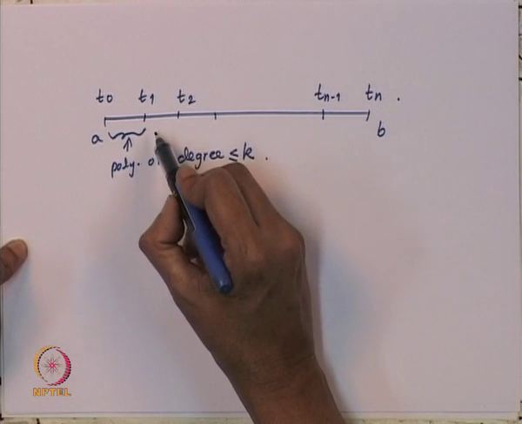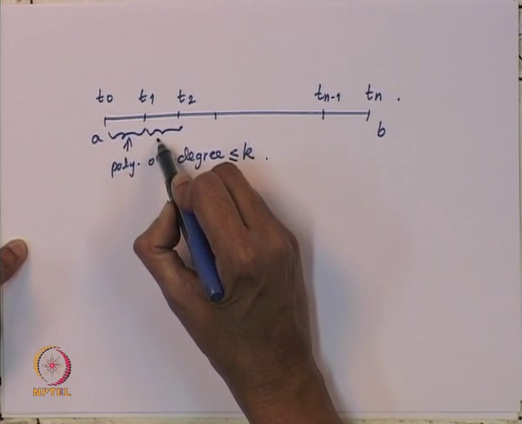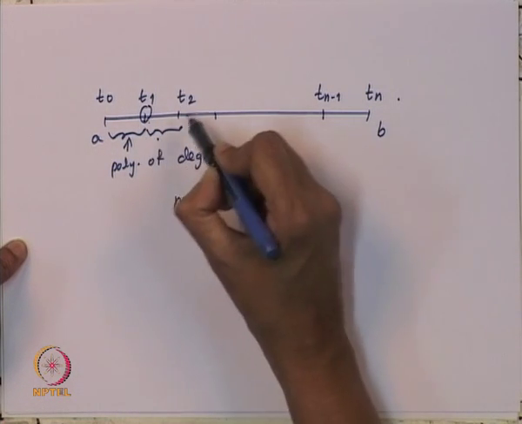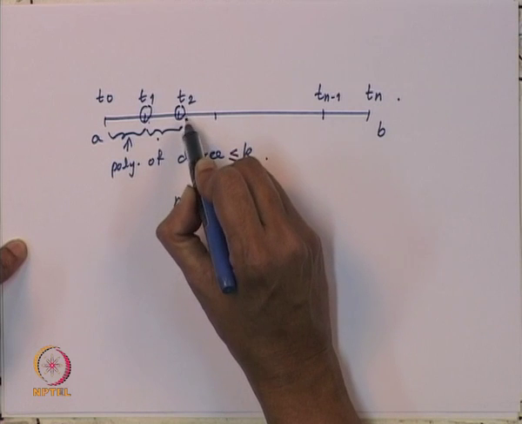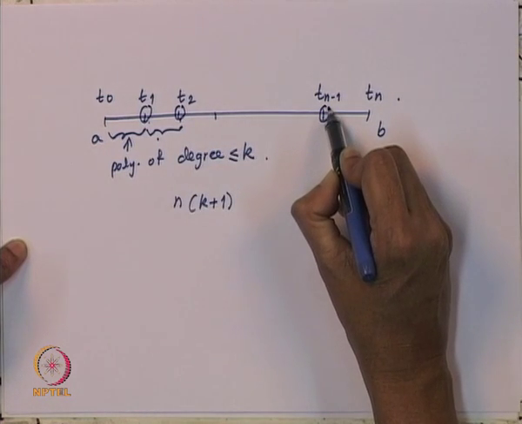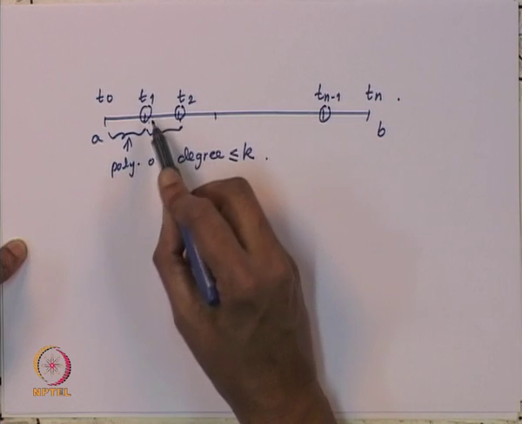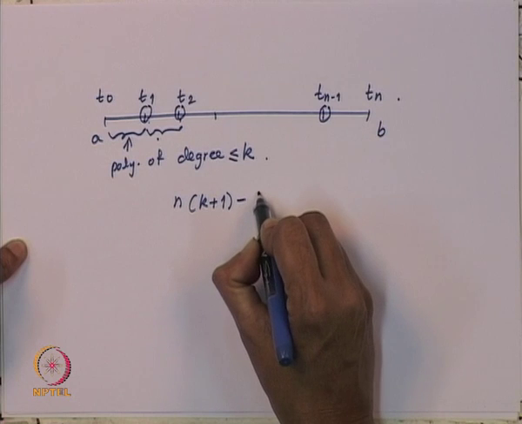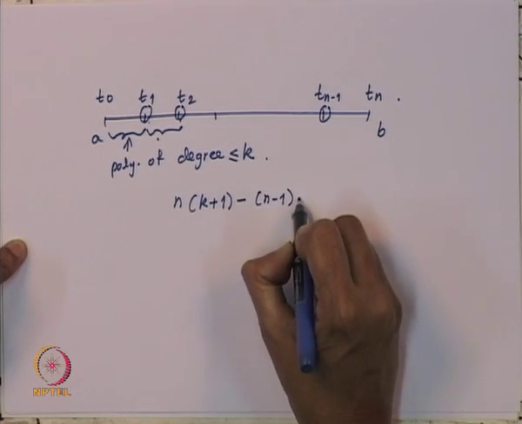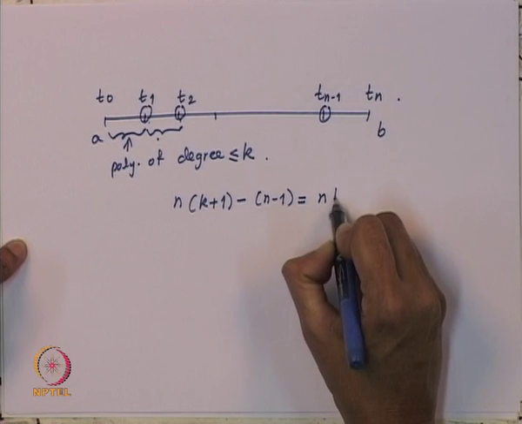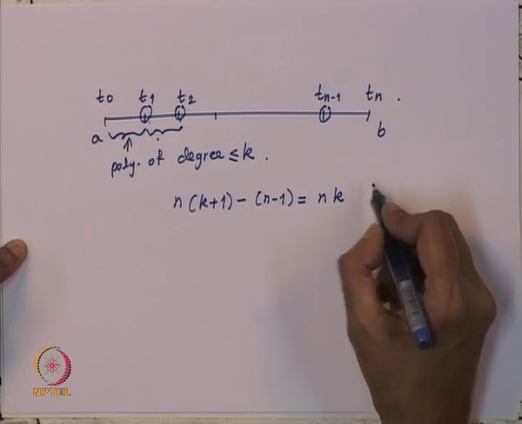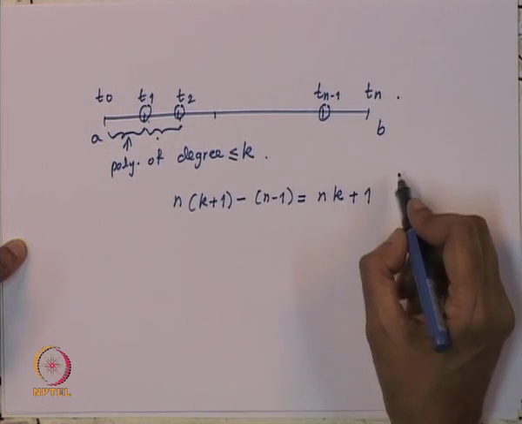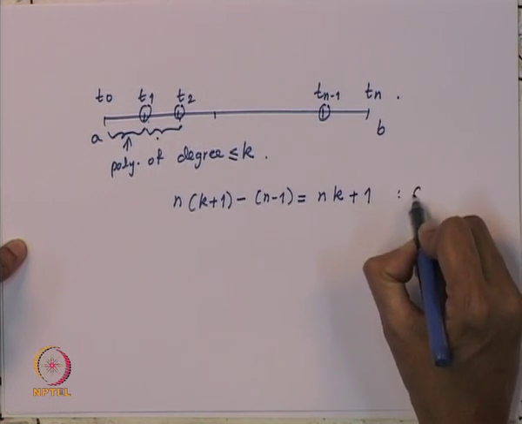Now, we will want these two polynomials to be continuous. So, that will impose one constraint, then continuity at t_2 and continuity at t_{n-1}. So, we are imposing a total of n minus 1 constraints. So, it will be minus (n minus 1), and thus we get the dimension to be equal to n(k plus 1) minus (n minus 1). So, this is if you are assuming continuity.